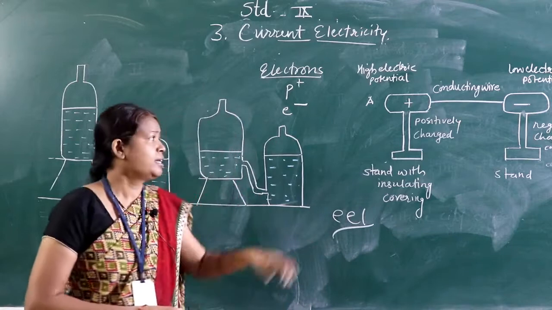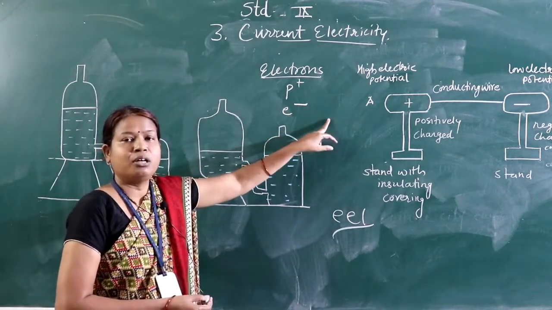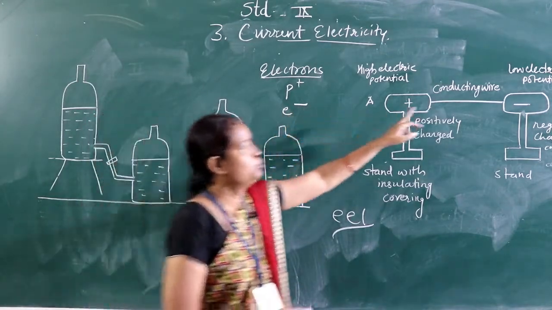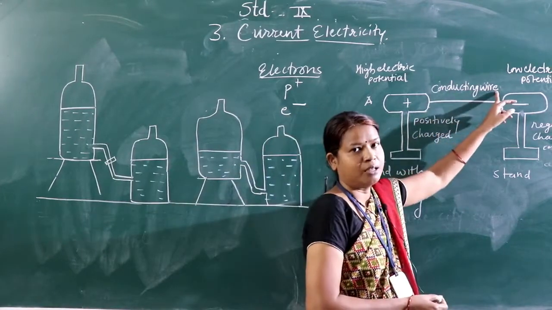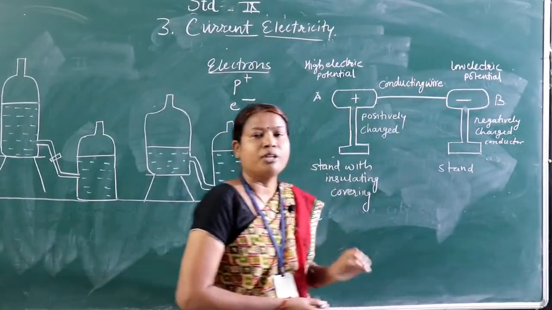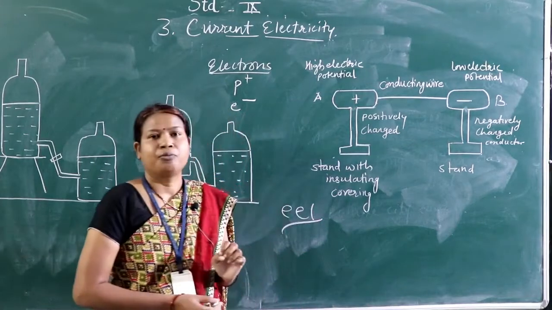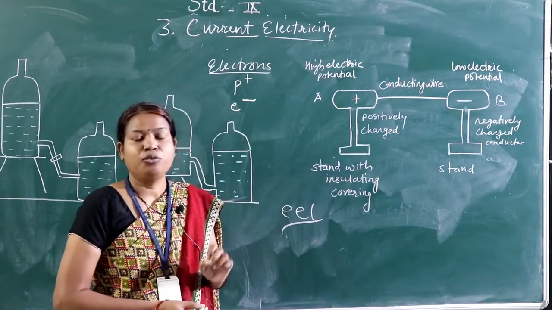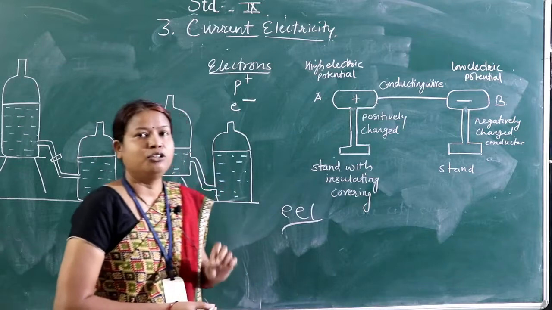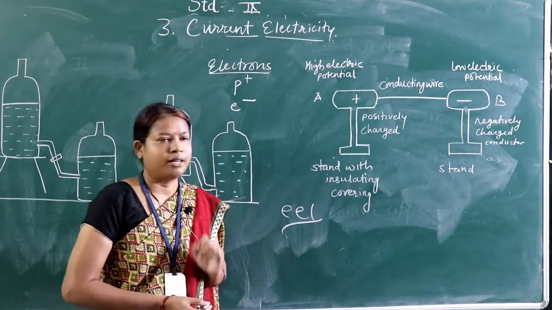So the electrons pass through the conducting wire. We need a wire, we need a conductor, to flow the current, to flow the electrons through the wire.